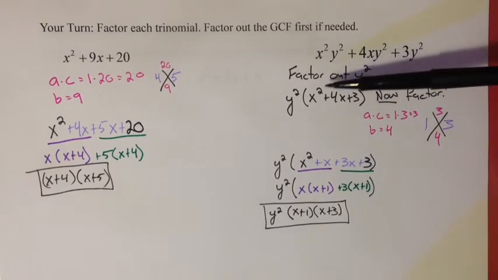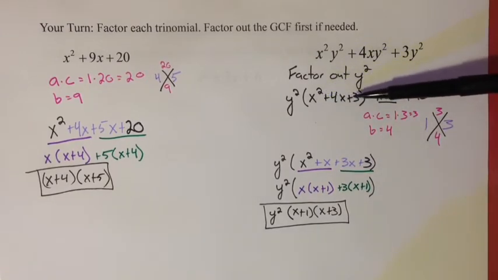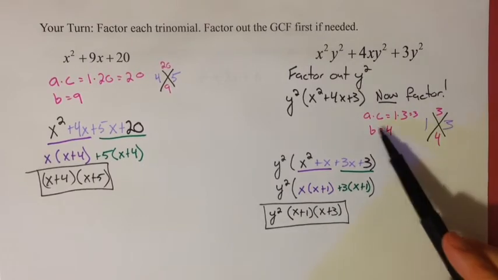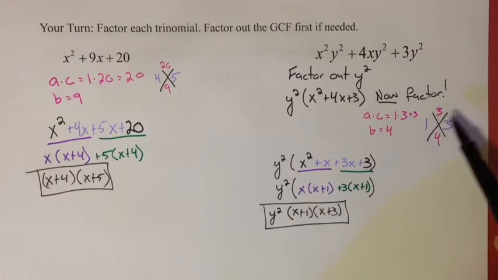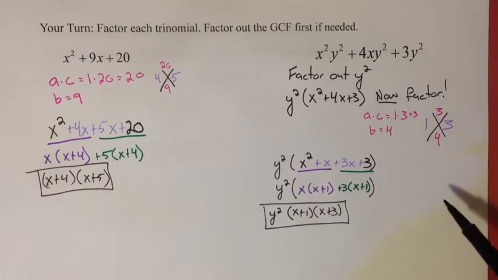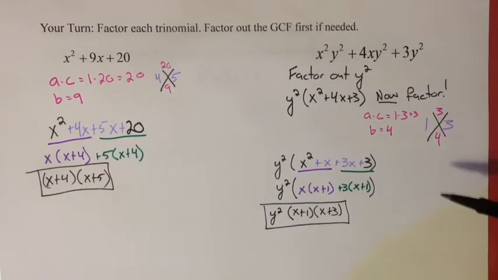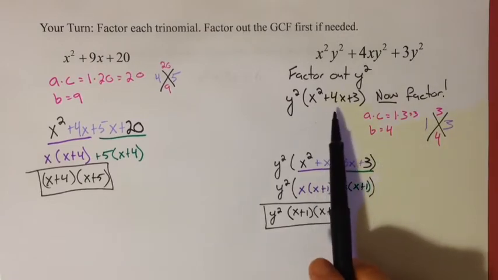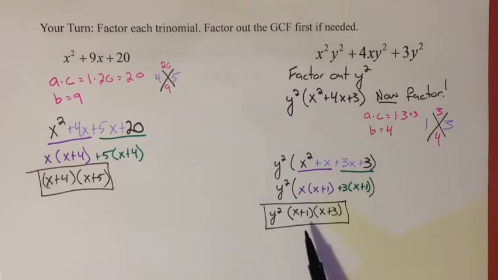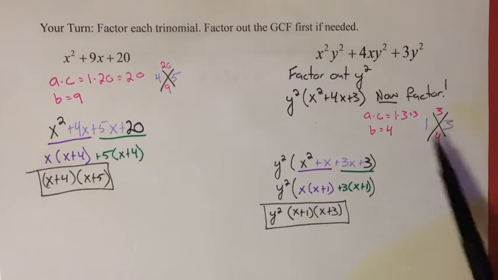Now I have something that I can factor nicely, x squared plus 4x plus 3. A times c, 1 times 3, is just 3, and b is 4. So I'm looking for things that multiply together to be 3, but add together to be 4. 1 and 3 are the numbers that'll do the trick. So ultimately, once I factor x squared plus 4x plus 3, I'll end up with x plus 1 multiplied by x plus 3.